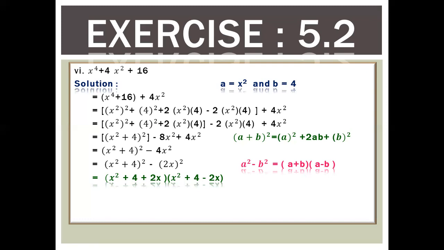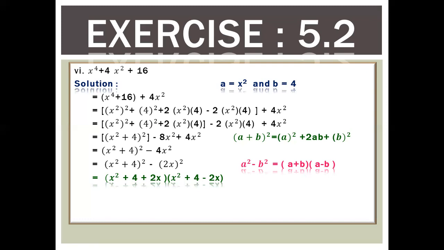It means we separate the 4x² and we combine x⁴ plus 16. x⁴ is a square of x² and 16 is a square of 4. Now we apply the formula within these two terms, x⁴ plus 16.